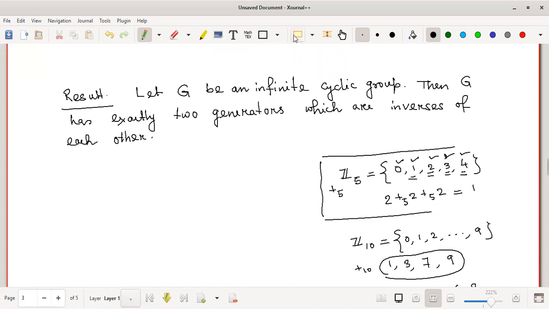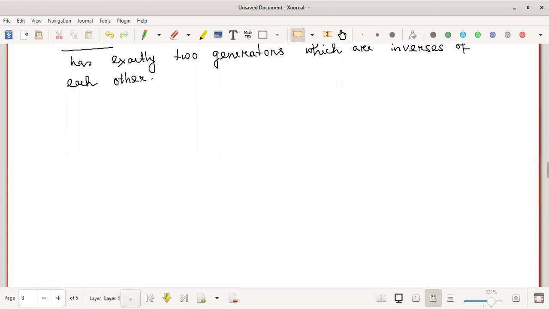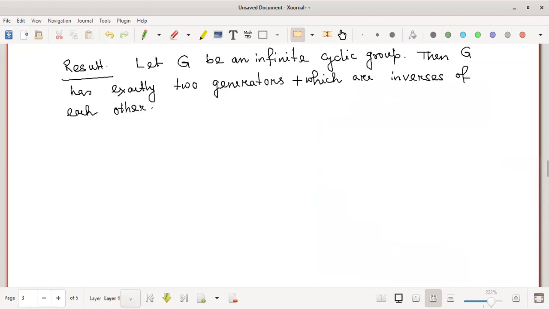So I can delete this portion. Okay, so let me prove it. Proof.